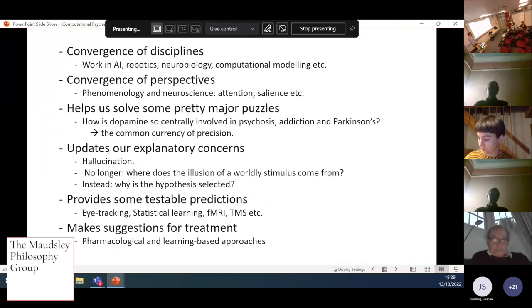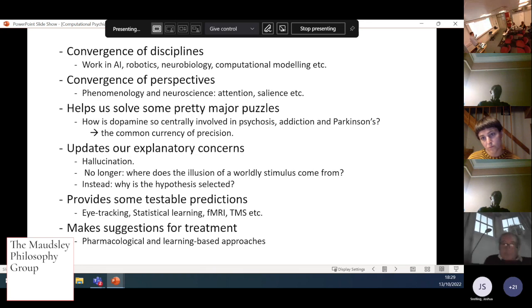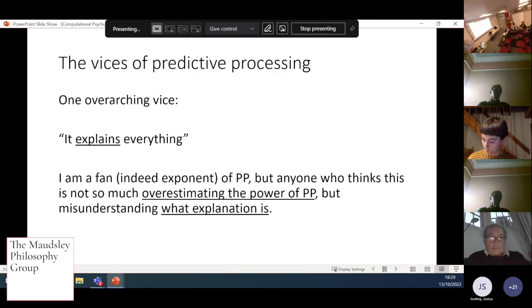It provides various testable predictions with eye tracking, statistical learning, fMRI, TMS. And it makes suggestions for treatment. In particular, at the pharmacological level, in terms of dopamine metabolization, but also at the level of learning, at the level of non-pharmacological approaches.